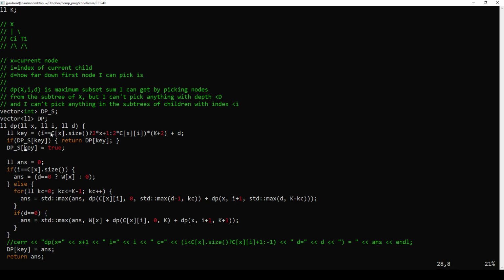Okay. So this part's a little magic. I'll explain in a little bit. But again, we're finding some key that hopefully identifies the state. And if we've seen that key before, then return whatever we had for it. Write down that we've seen it, and at the end, write down that we actually computed something for it.